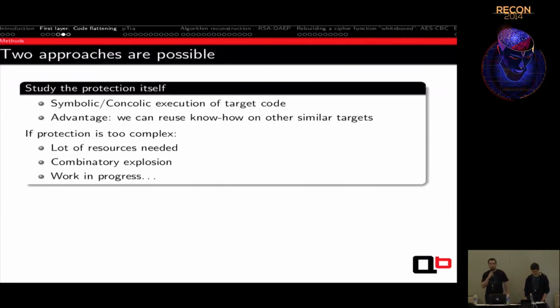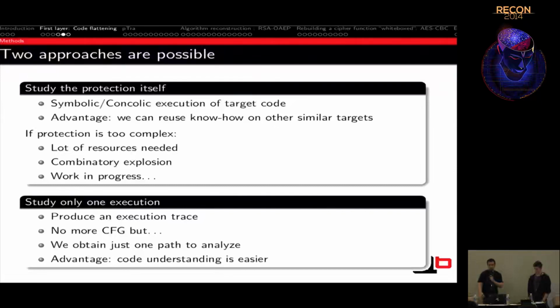But in our case, it was too complex. We have to face a combinatorial explosion, and a lot of resources needed. So we are still working on it, and we also tried this kind of approach on the OLLVM project that was presented yesterday, and we will also show you at the end of this talk some slides on this subject.